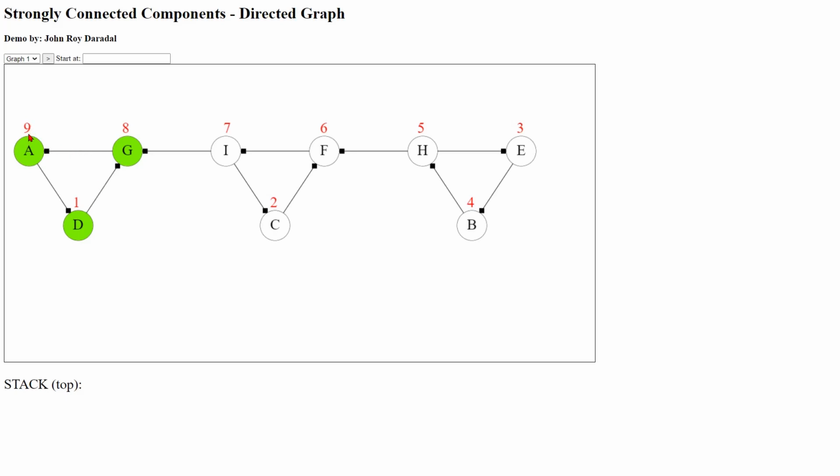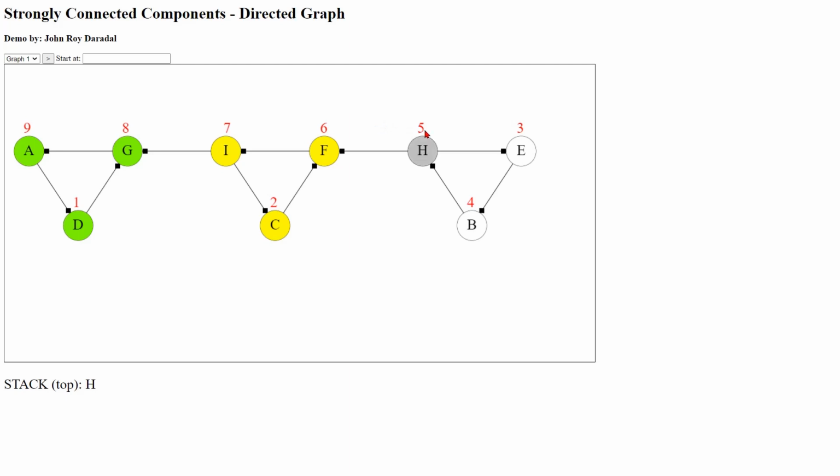Okay, so after that you'll go to label 8, but since G is already explored, we'll skip that. So it will go to the next one, which is 7 at node I, and then at I it will go to C, and then go to F, and then from F no more, right? So we're also done with DFS starting at I. So from 7 it will now go to 6, but 6 is also done, so it will now go to 5.